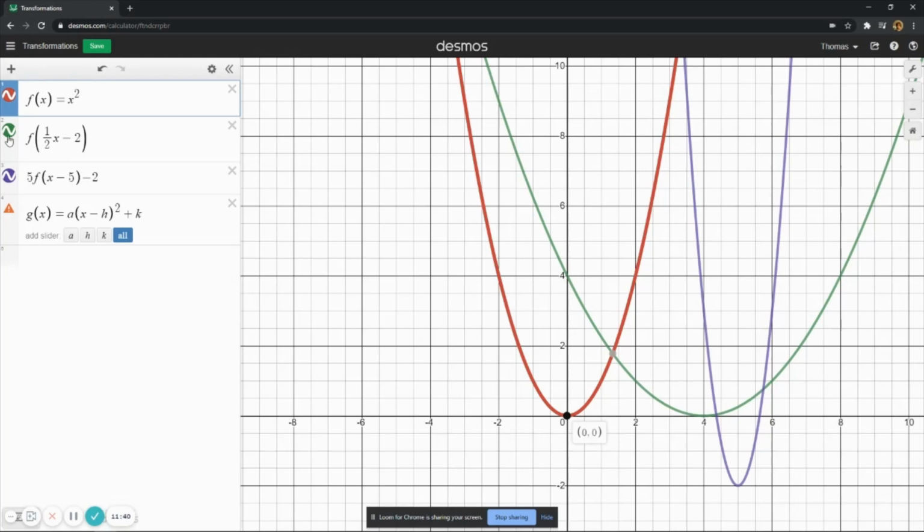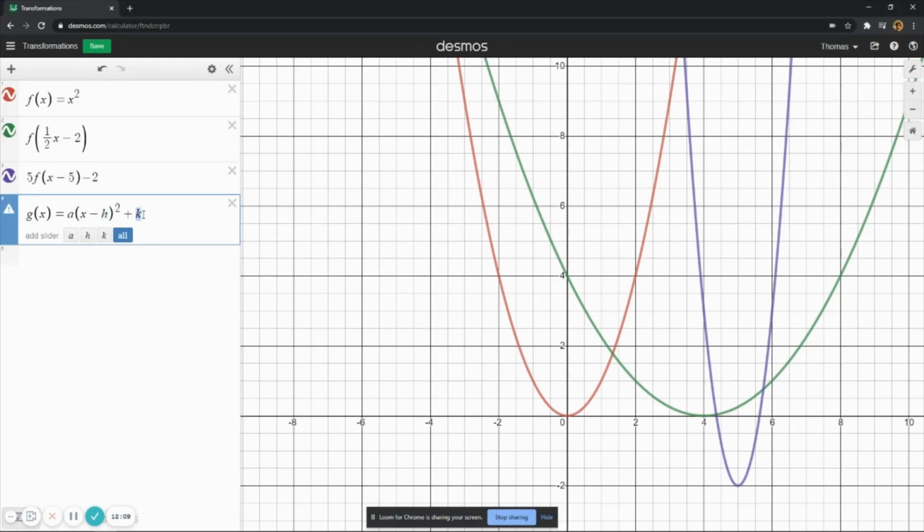So for example, for the purple one, we shifted 5 over, so that vertex shifted 5 over. So really, this h value is the x coordinate of the vertex. Because if I started at 0 and I just subtracted 6, then I would be 6 to the right. That would be the x coordinate of the vertex. If I added 6, I'd be 6 to the left. So -6 would be the x coordinate of the vertex.